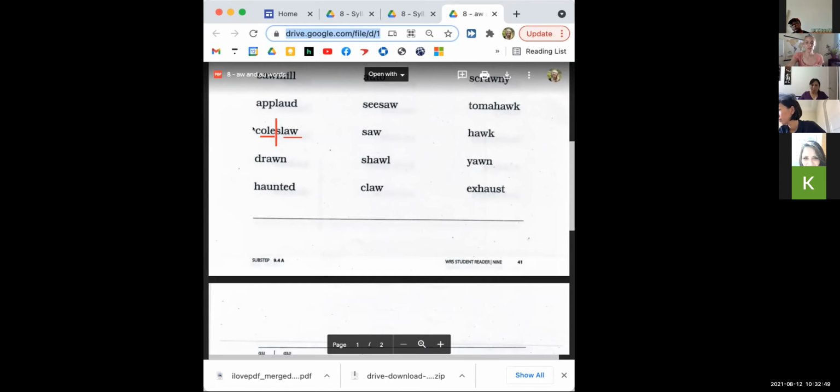So because we see the OLE, we know that this is going to break after the E, not before the L. If we break it after S, then we should say colas. It would still be coals. Which is not correct, but it would be a pretty good guess.